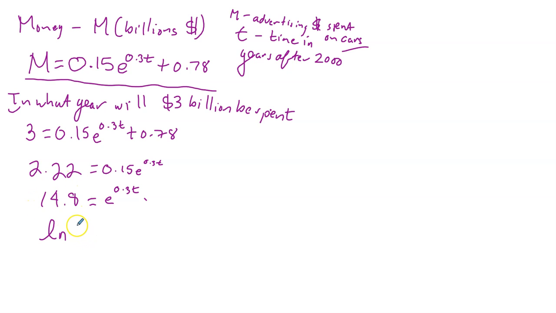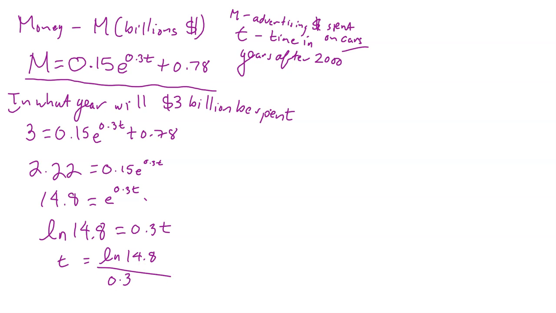The ln of what value are we going to end up with? So the ln of 14.8. Remember, a log or a ln is an exponent, and that's the exponent, so it is 0.3 T. So T is equal to the ln of 14.8 divided by 0.3.